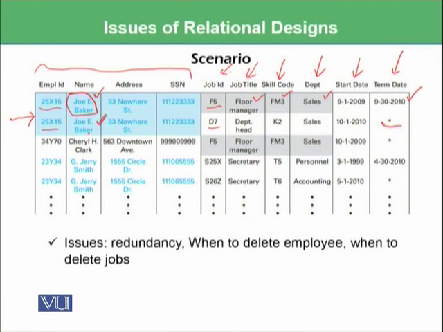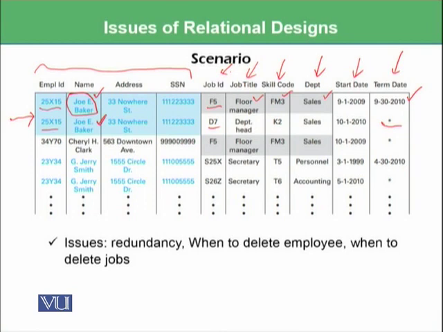So there should be a possibility that each employee is stored in one tuple, each job is stored in one particular tuple, and the assignment is stored separately. So this means we have designed this relation wrongly. We have put the employee information, the job information, and the job assignment to the employee in one relation. So we should try to eliminate these problems in an easier way by breaking this into multiple relations.